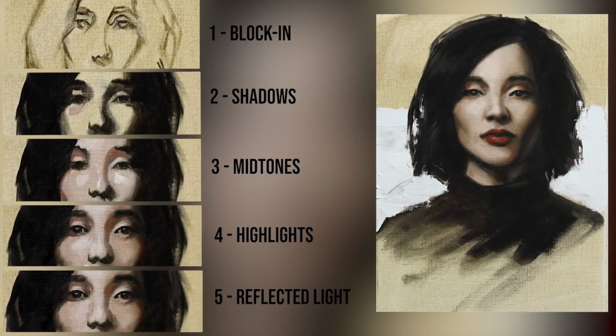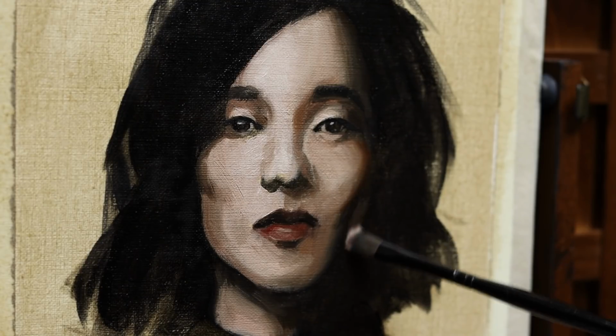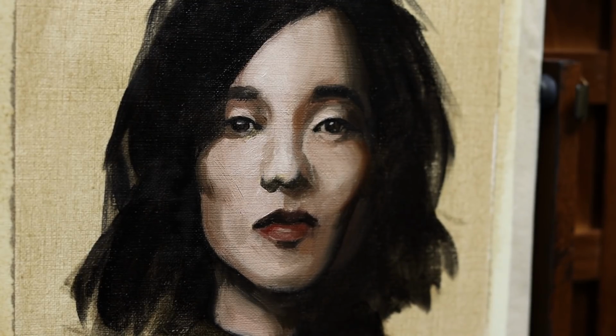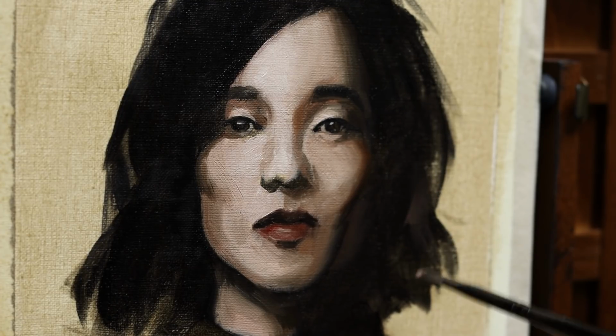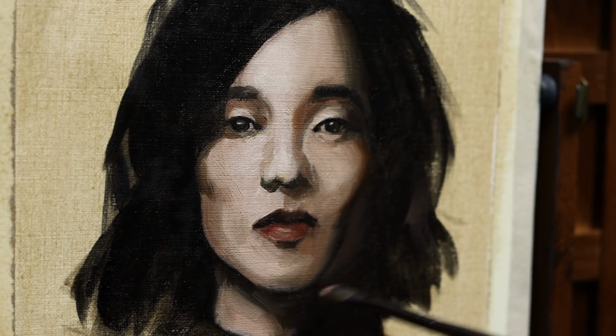5. Reflected light. The reflected lights in the shadows are an important part to include at the end. These are faint areas of light integrated into the shadows. They are barely lighter than the shadows, but are just enough to create very rich and varied shadows.